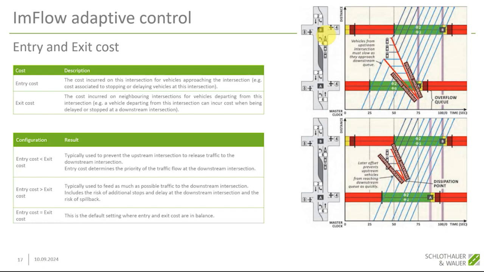Of course, there's a delay of 1 second, so every intersection knows what the neighboring intersection had as a result of its optimization the second before. So every intersection is optimizing for itself, and the result is sent to the neighboring intersections, and based on this, in the next second, they can do their estimation.